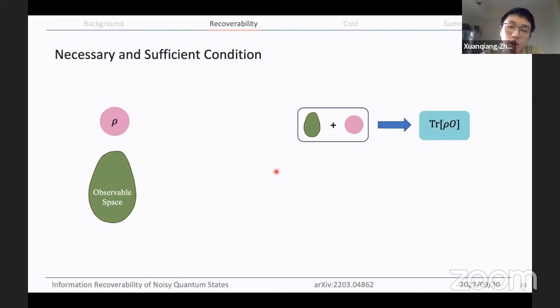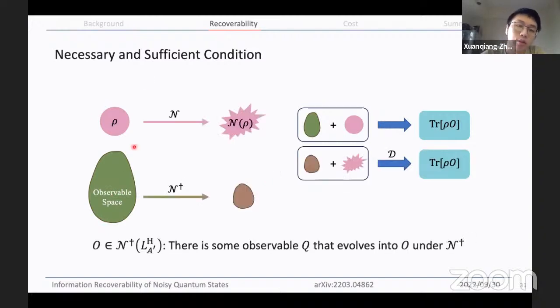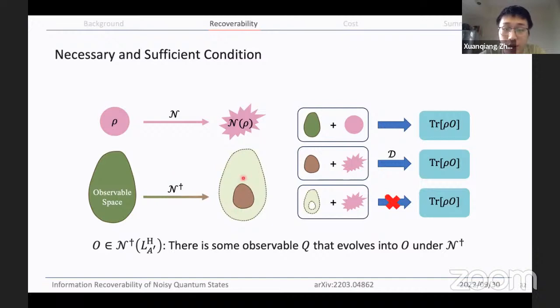Now, if some noise channel corrupts the state into a noisy quantum state, then for those observables in this brown area, we can still retrieve their shadow information with the help of a retriever D. The brown area is just the original observable space evolved under N dagger. Moreover, for any observable outside of this brown area, we cannot retrieve their shadow information. So this is a necessary and sufficient condition for the recoverability of shadow information.